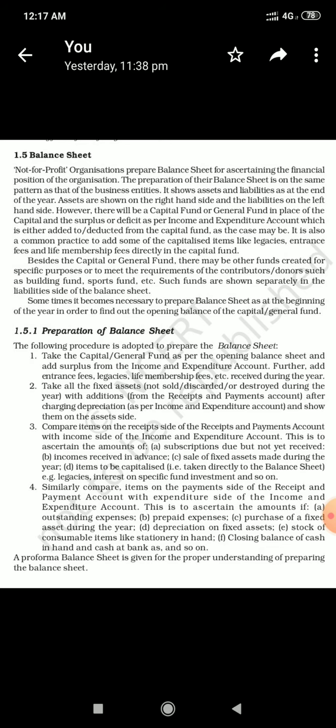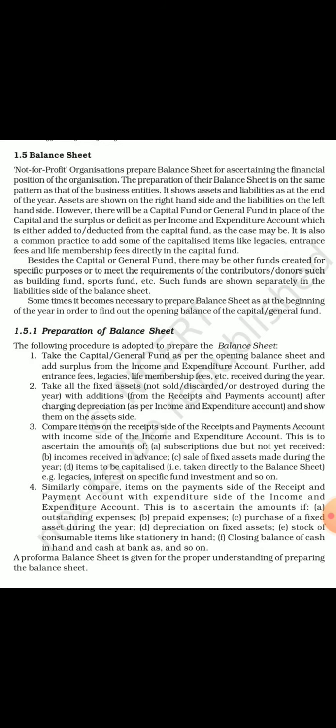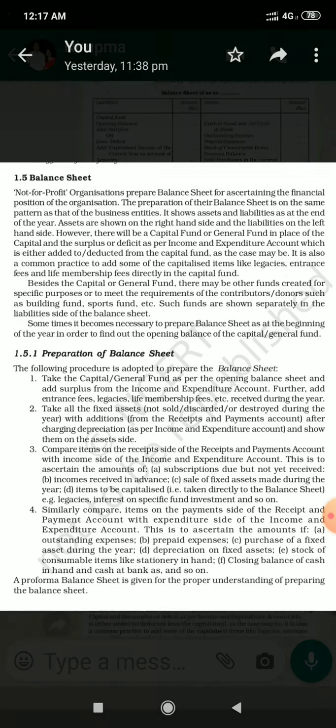We know all of these by tallying the income and expenditure account and the receipts and payment account. Next, similarly, compare items of the payment side of the receipts and payment account and the income and expenditure account.